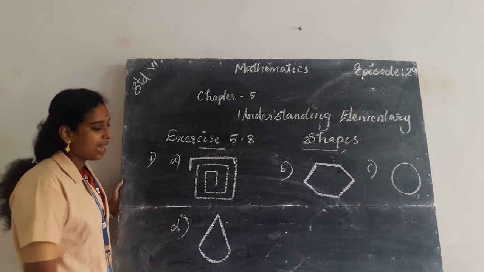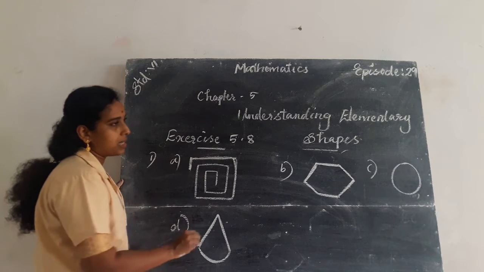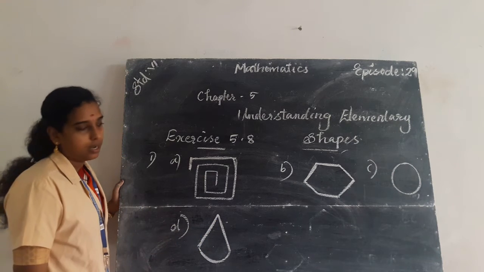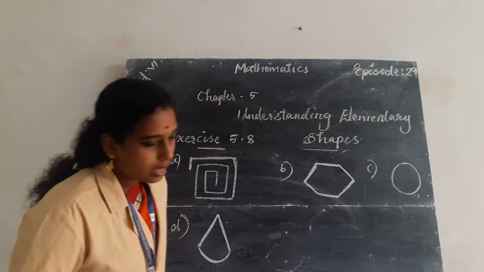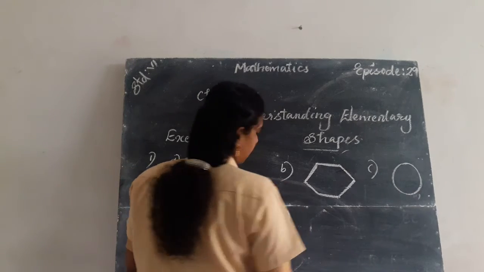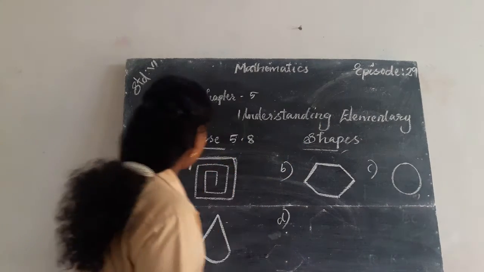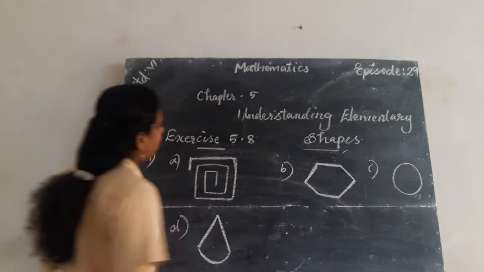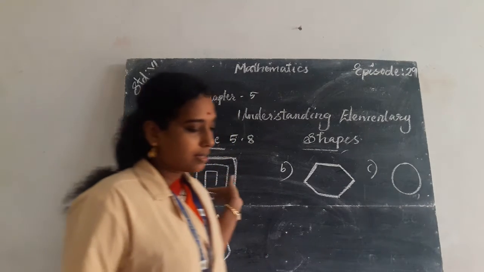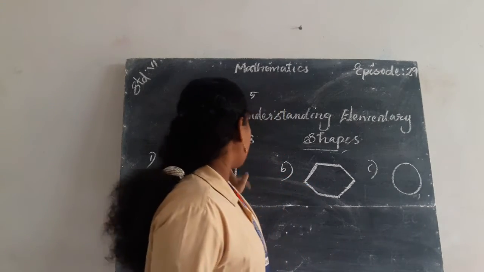It's a closed figure, but it is not entirely made up of line segments. So it is not a polygon. Then this is D. Okay. So these are the figures given in exercise 5.8, question number 1.